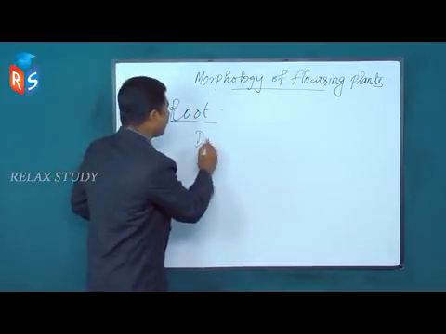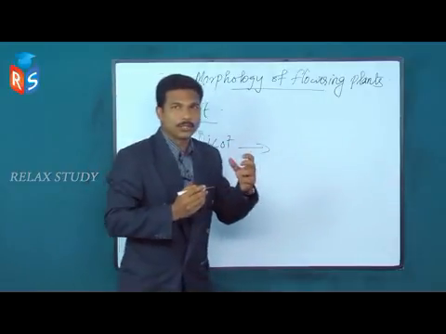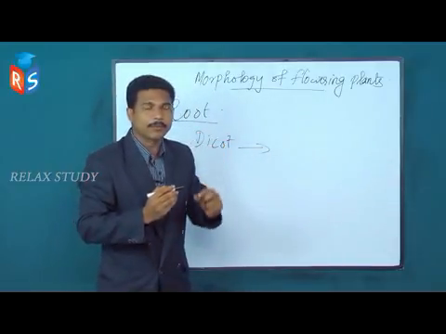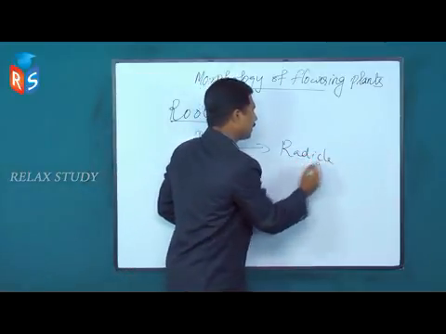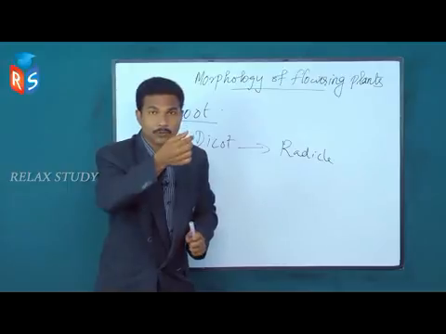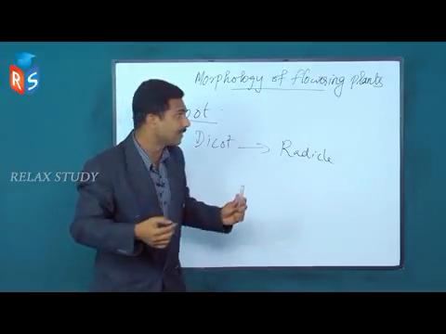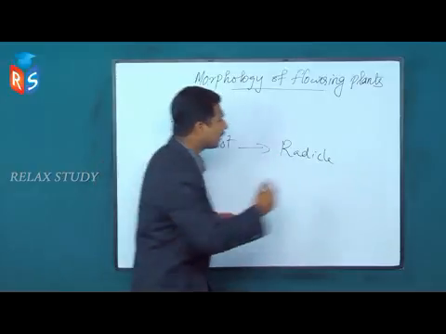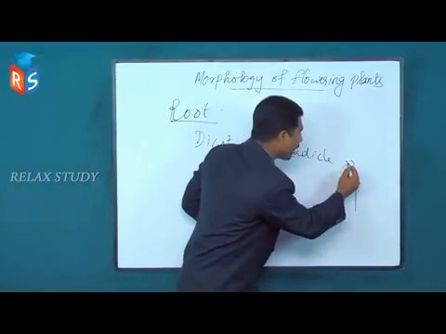In a dicot plant, the main root is developed from the radicle. We know that the radicle is the part of the embryo axis below the hypocotyl region. That region is known as the radicle. This radicle elongates to form the main branch of the root.